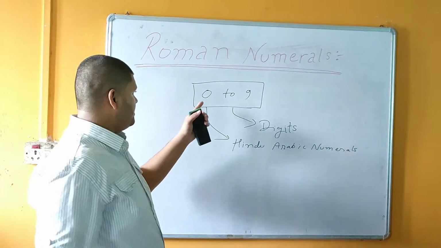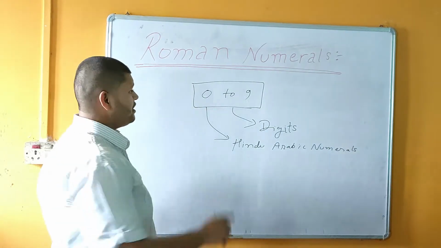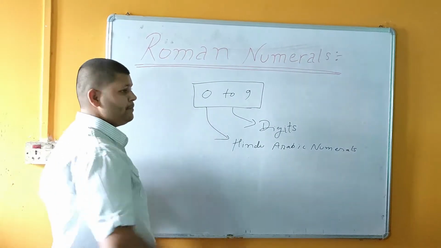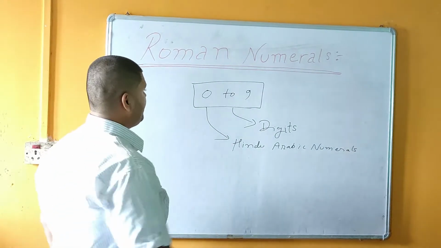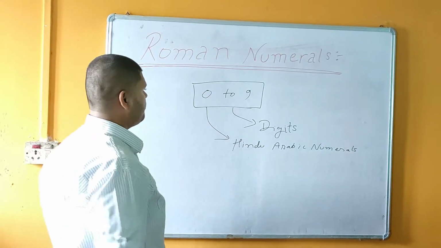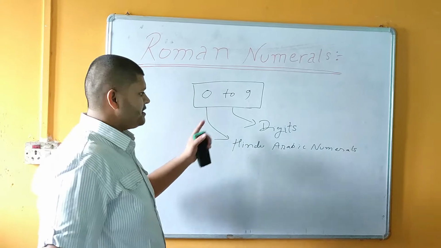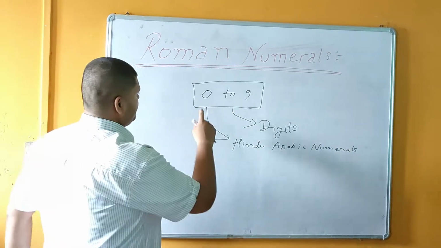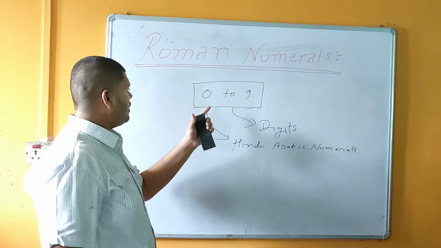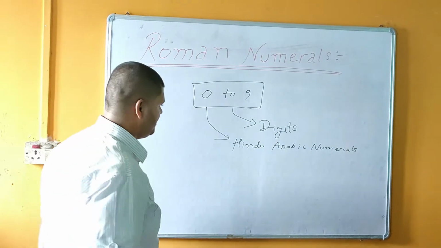Why? Because these numerals were originally established in India, but when the Arab people came to India, they picked up these numbers and spread them to the European countries. From that time onwards, these numbers were called Hindu-Arabic numerals. This is all about Hindu-Arabic numerals.